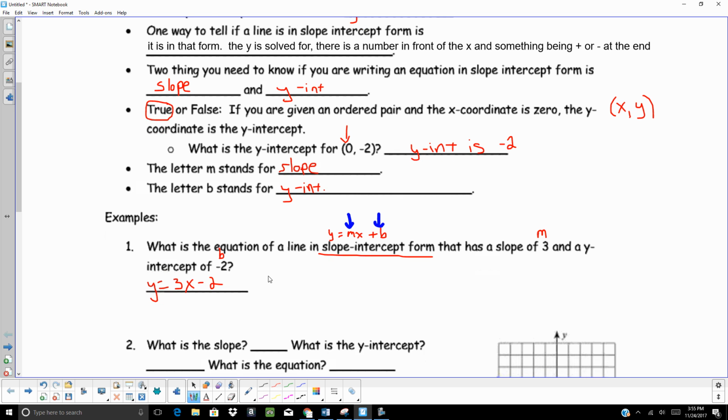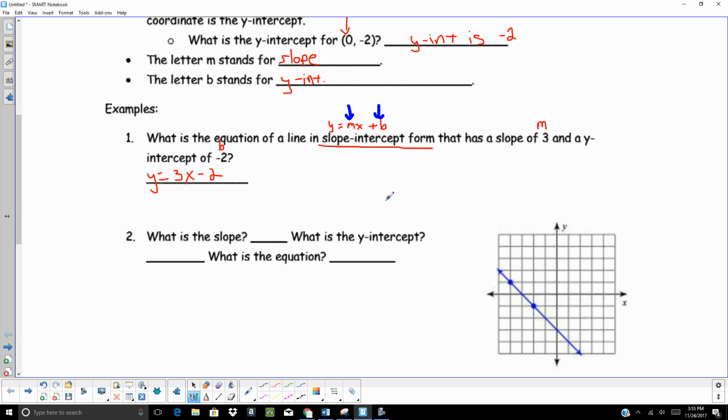That's my equation. On the next one, I'm given a graph. And I automatically look at this and I know the slope is negative. Remember, if it's pointing up and to the left, that's a negative. And since they're giving me a graph, I'm going to use rise over run. My rise is 2. My run, because I'm going to the left, is -2. So rise over run, and if I simplify that, it's just going to be -1.